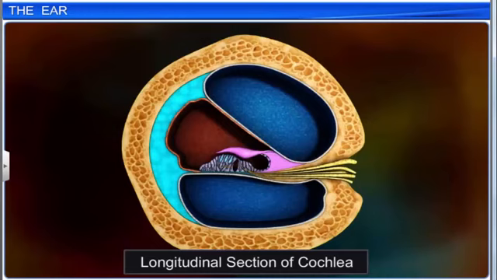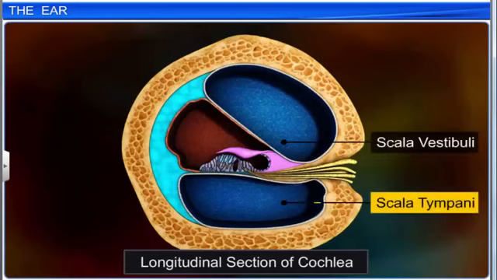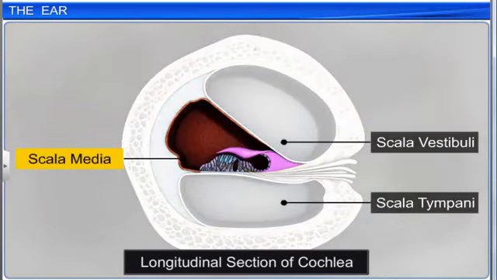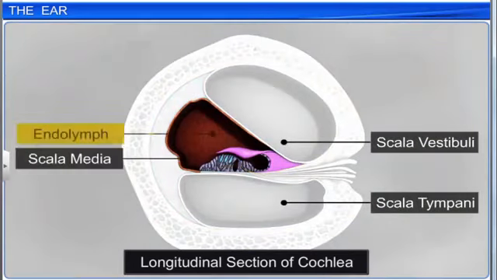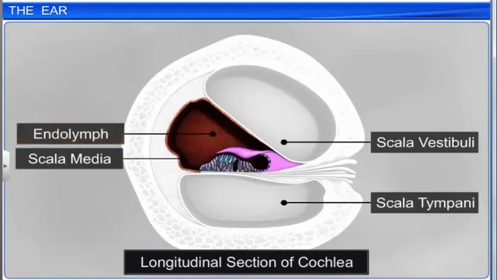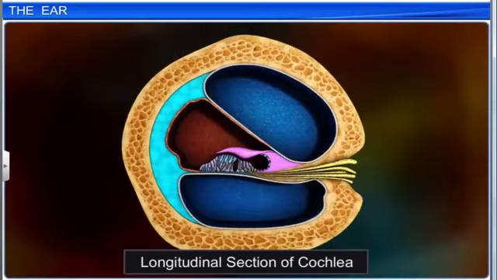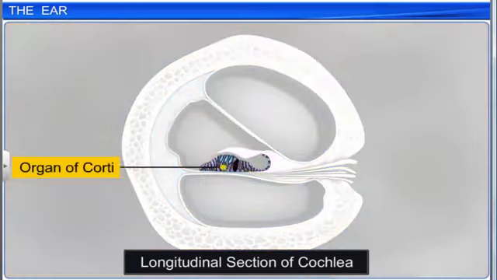Coming to the membranous labyrinth, the space between the scala vestibuli and scala tympani is called the scala media and is filled with endolymph. The fluids in the labyrinth cushion the soft structures and conduct waves from the middle ear to the organ of Corti.